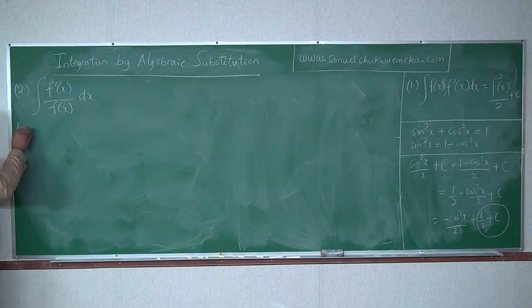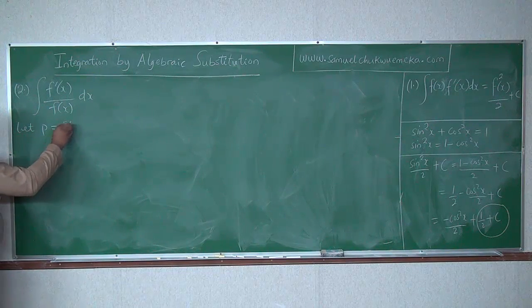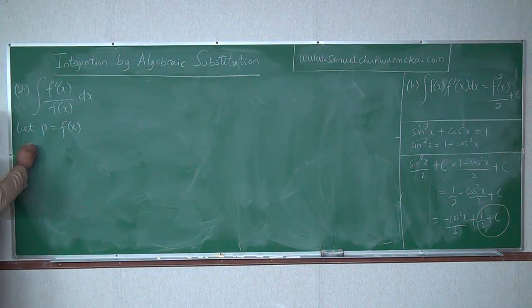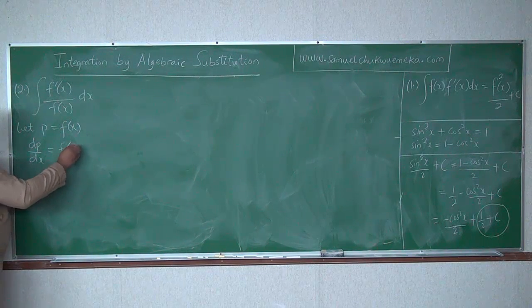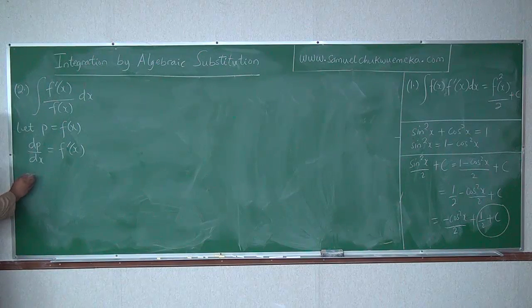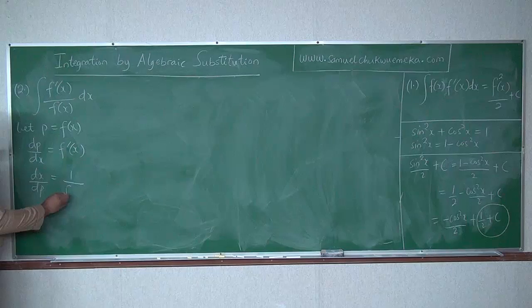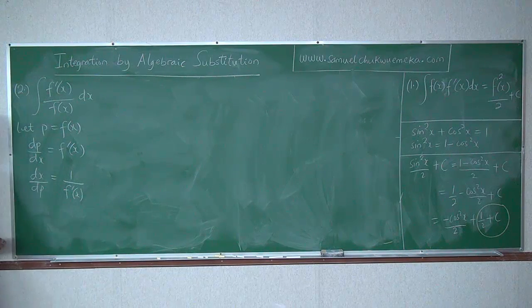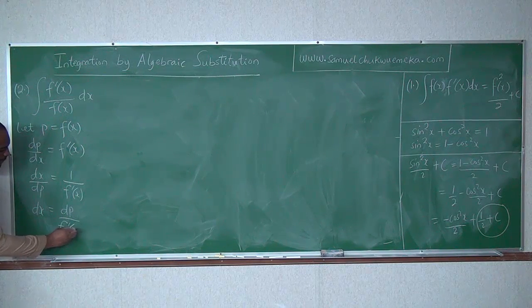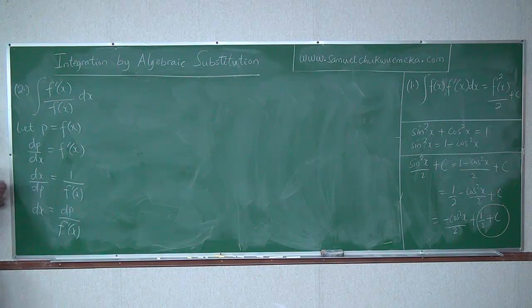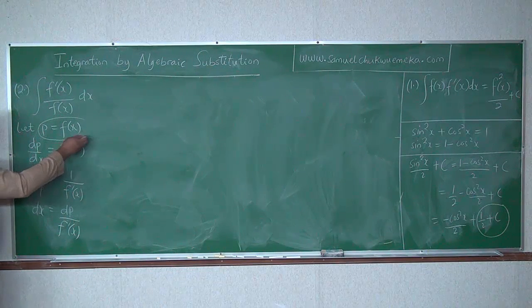So let's look at that. We'll say let P be f of x. Then dP/dx is f prime of x, so dx/dP is 1 over f prime of x, and our dx is dP over f prime of x. So this is what we need.